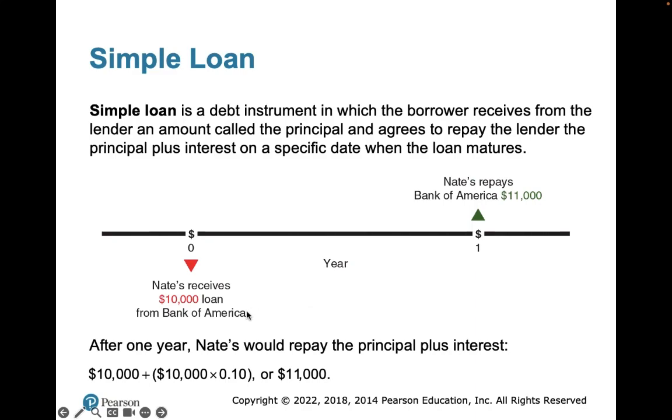The principal, the amount he collected, is 10,000, and at the end of the 1 year period he paid 11,000. The interest rate is 10%. So at 10%, for that 1 year period you get 11,000.